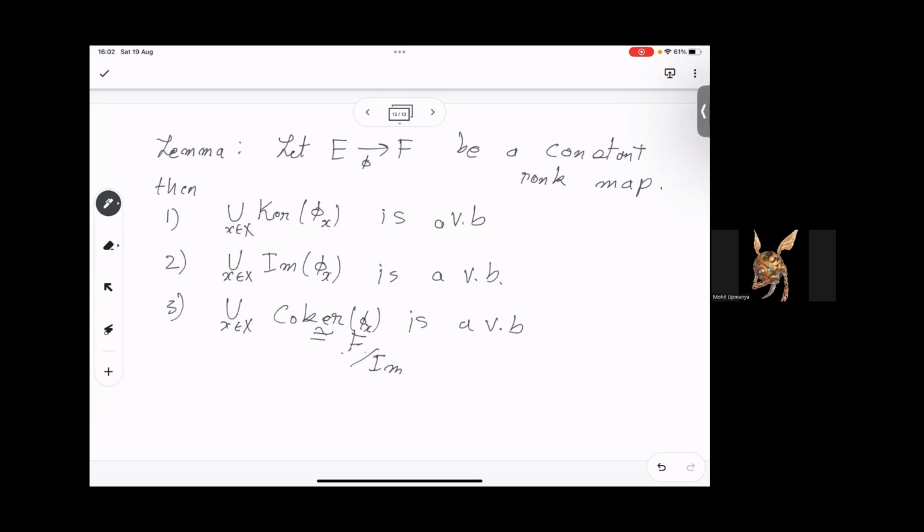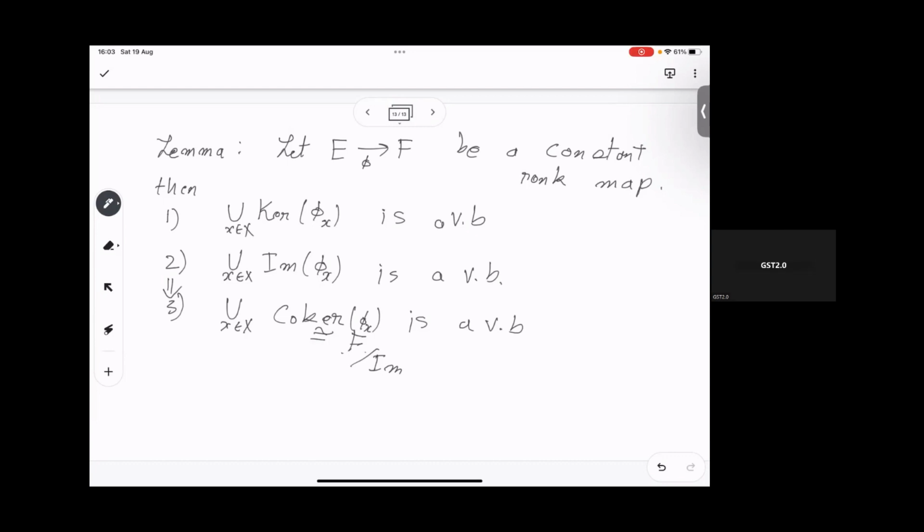And therefore, we immediately see that 2 implies 3. Also note that this is not an arbitrary homomorphism between vector bundles. This is a special kind of constant rank map only. This is a bit of a problem with vector bundles, that they don't behave very nicely if we take all homomorphisms.